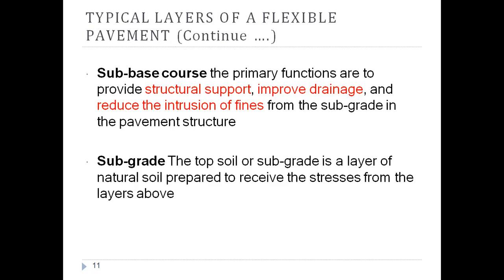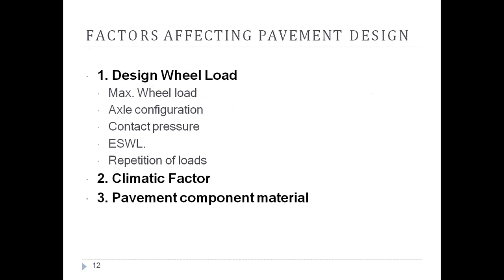The soil bearing capacity can be tested. If the soil cannot withstand the loads, then it is replaced with soil from outside, with high soil bearing capacity to carry the vehicle load. So the subgrade is the topsoil, a layer of natural soil prepared to receive the stresses from the layers above.